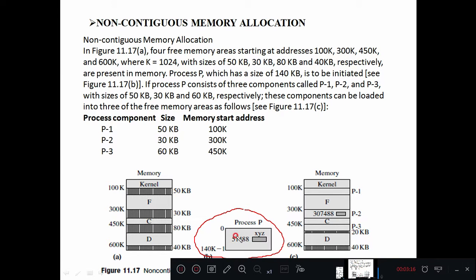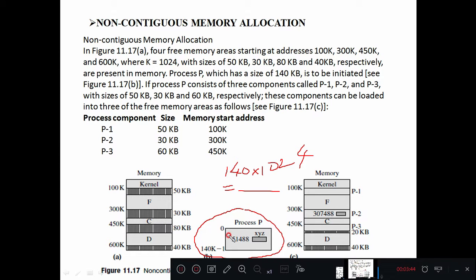Let us assume 140K is the size of the process. 140K means 140 into 1K, that is 1024. After multiplying these two numbers, whatever result we get will be the size of the process, and the last address is one less than that.